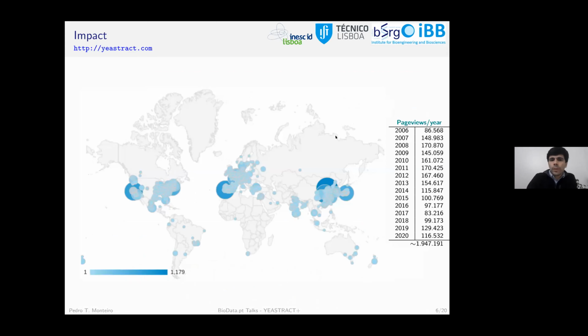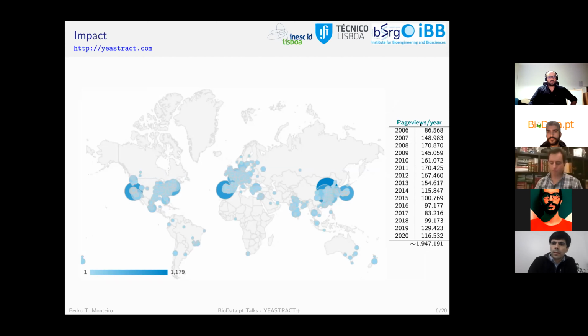Throughout the years, we've got some recognition from the scientific community working in transcription regulation in cerevisiae, since we got to see accesses from the whole planet, basically. In the late 2000s, there were a lot of accesses.